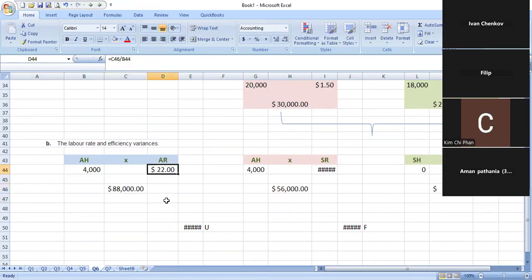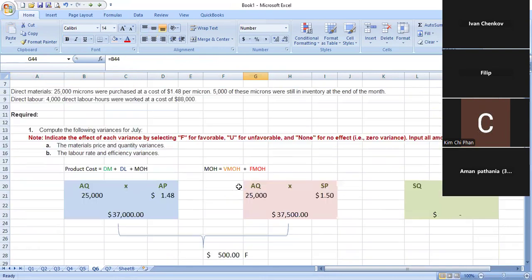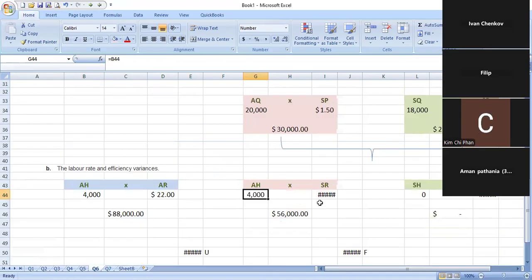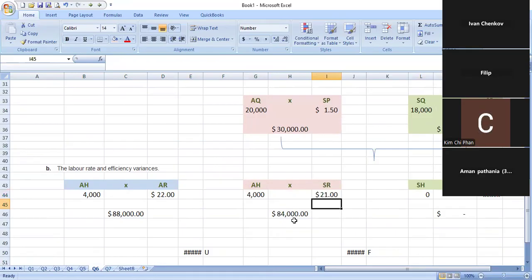Our actual rate that we pay our employees, 22. Yes. So, based on our standards, how much are we supposed to pay them? $21. So, are we going to be favorable or unfavorable here?